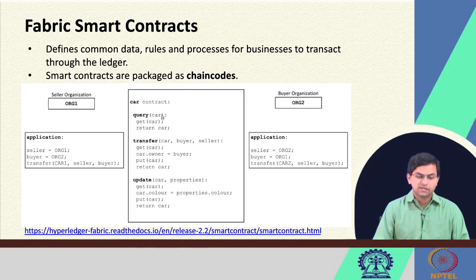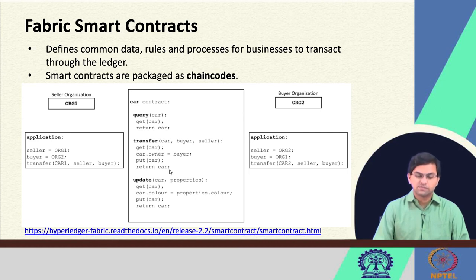So, here query car will simply get a car and return its details. Transfer takes a car and changes its owner to a different owner. So, transfer is actually when a buyer is buying a car from the seller, then this function will change the owner from the seller to the buyer and update the new car details on the ledger.